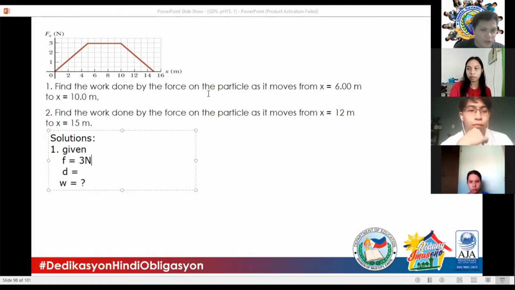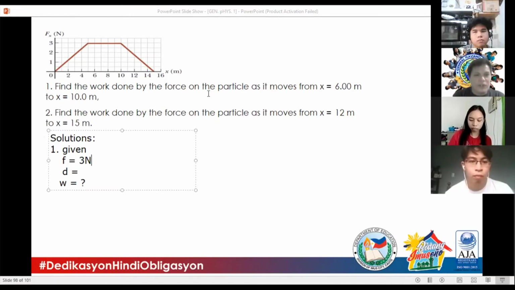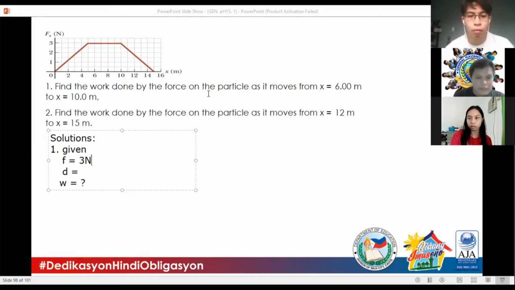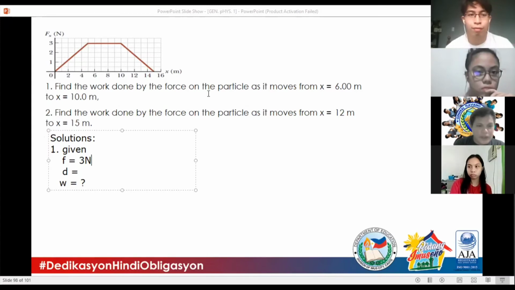Therefore, Edwin, you're raising your hand a while ago. Ano yung kanyang displacement? Sir, di po ako sure eh. Pwede po try na lang po. Sige lang. Sir, 4 meters po.